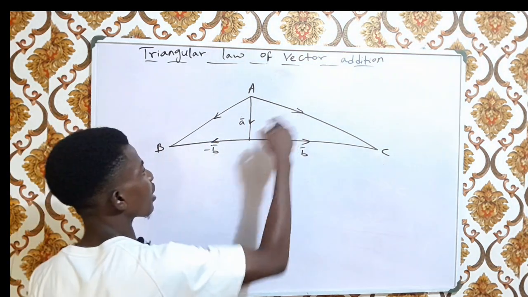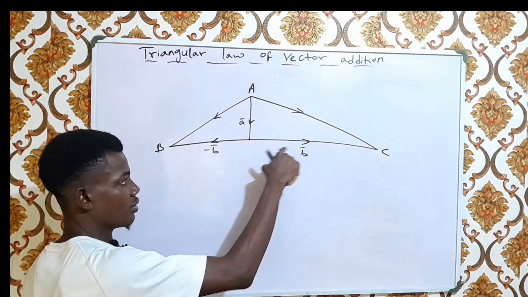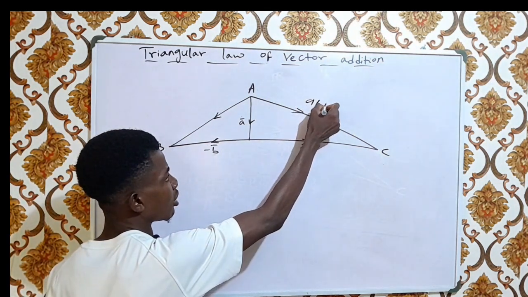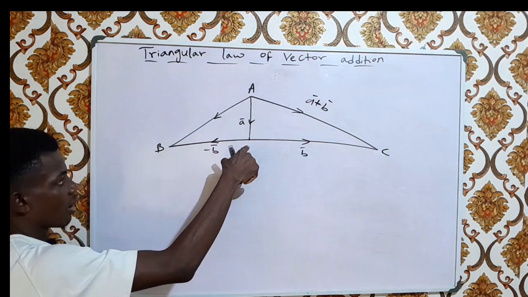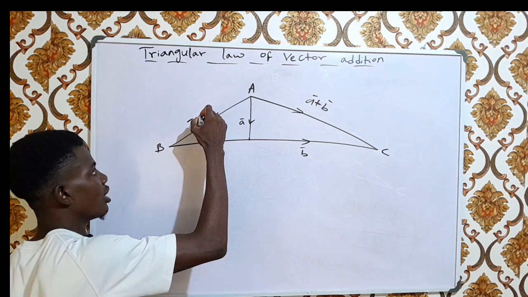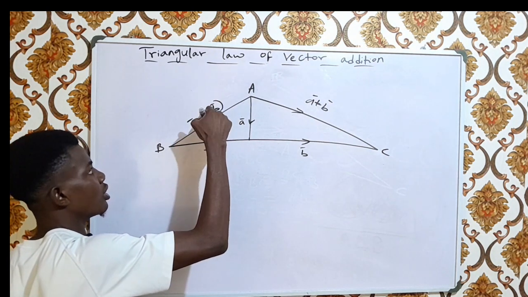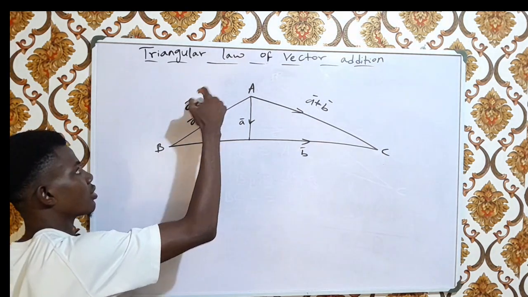So, a coming down here to move this way in the same sense will give us a plus b. Now, a coming down to move in this sense will give us a plus minus b, which implies that vector a minus what?